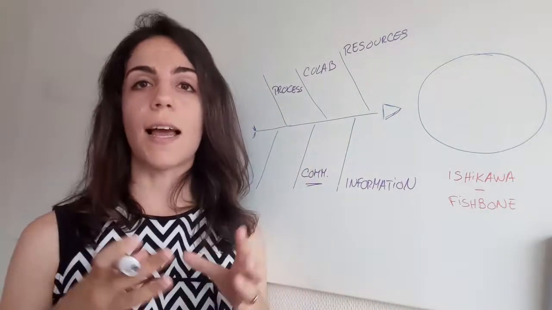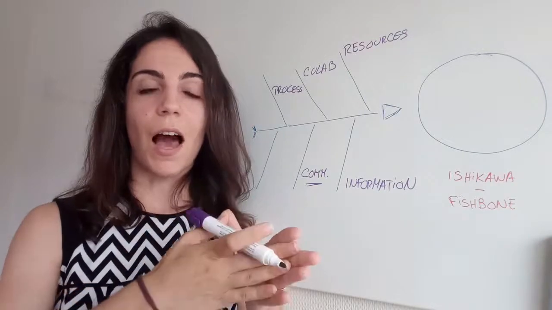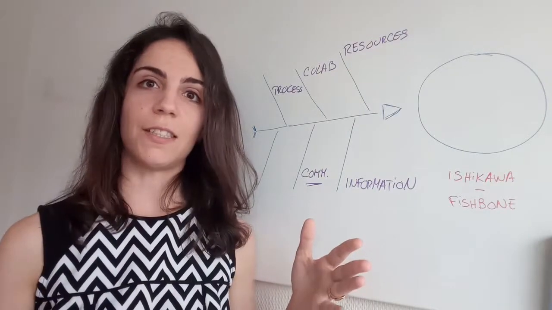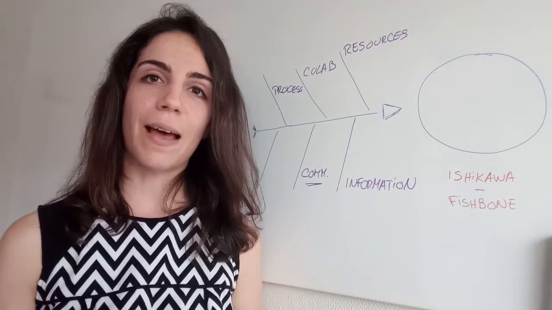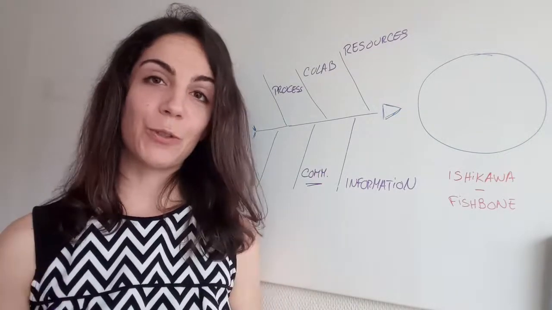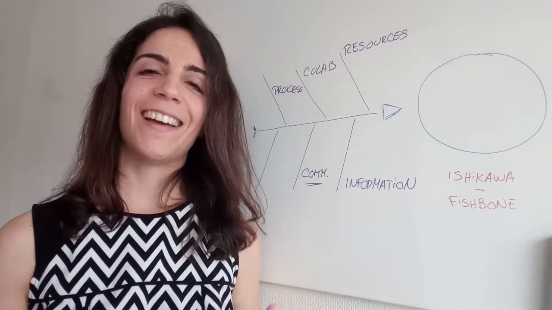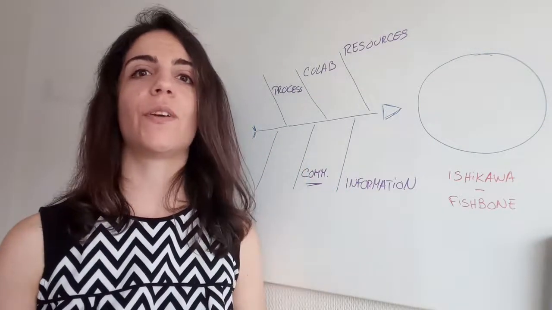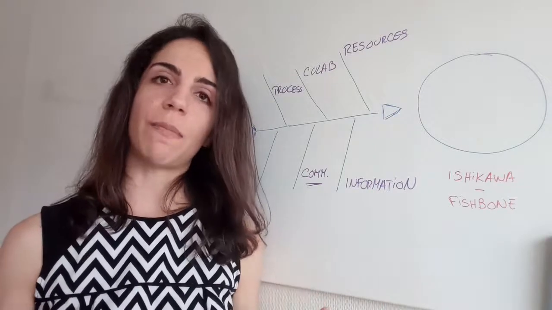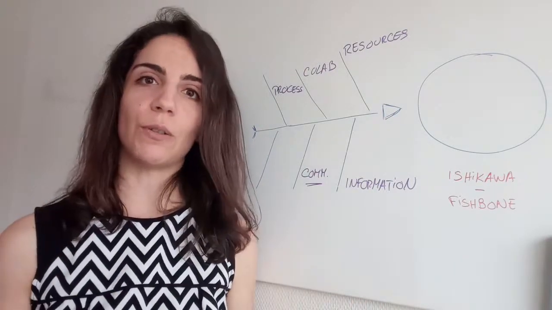Your process has to do with how you perform a certain task, and we're going to talk more about the process in one of the upcoming waves, so make sure that you are on board so that you can catch the next wave where we talk specifically about how you can improve and optimize the processes within your team.